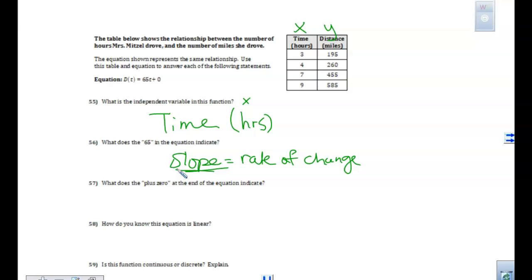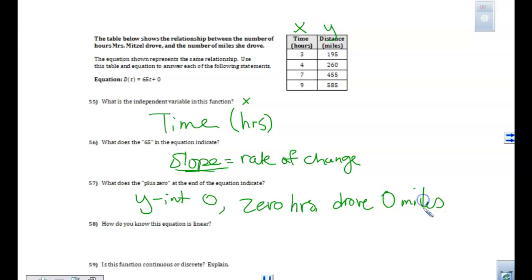The plus 0 in that equation, Celsius, means what? The y-intercept is 0, which in this situation means if we have 0 hours, you drove 0 miles, which makes sense, right? 0, 0 is 0.